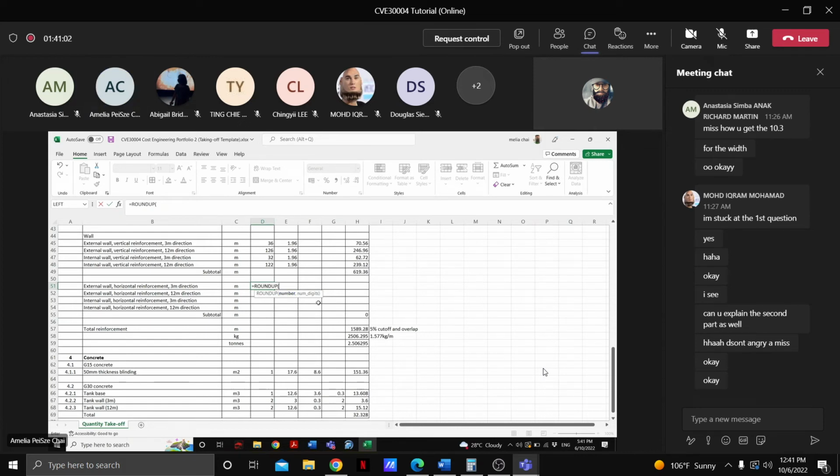External wall. The length is, the numbers of bars is the same. So the height is 1.96 divided by 0.2. Okay, then multiply by 2.